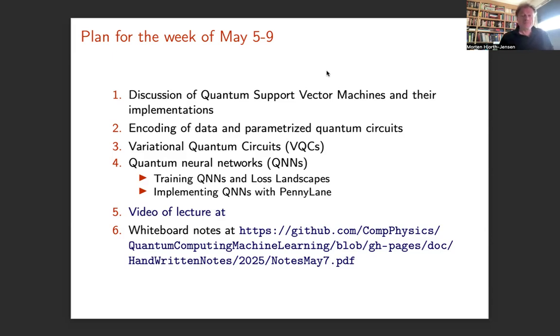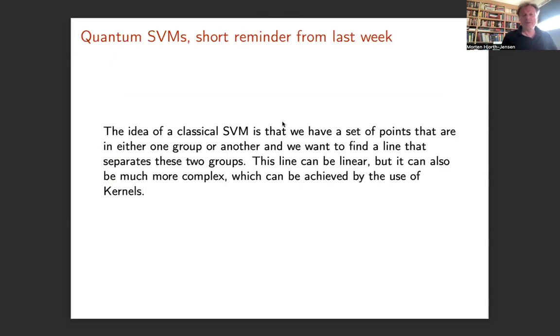Now, let's quickly remind ourselves of some of the small technicalities which we discussed last week. The idea of a classical support vector machine is that we have a set of points that are in either one group or another, and we want to find a line that separates these two groups.